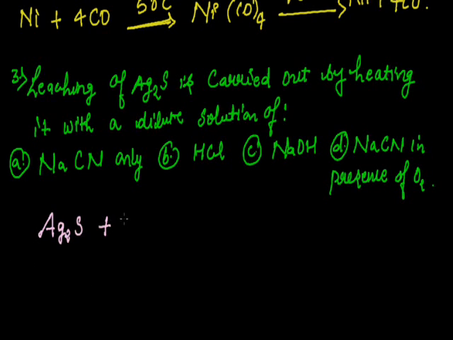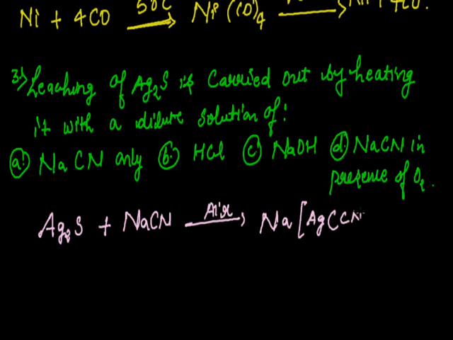Ag2S when it reacts with NaCN in the presence of air forms a complex, that is Na[Ag(CN)2] plus Na2S. Balancing the reaction, here it will come 4 and here it will come 2.